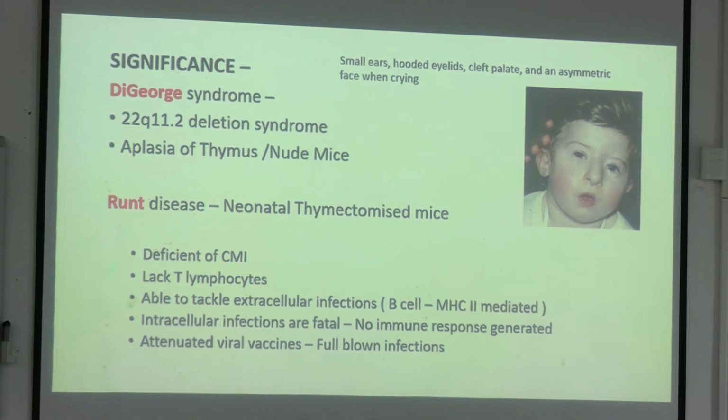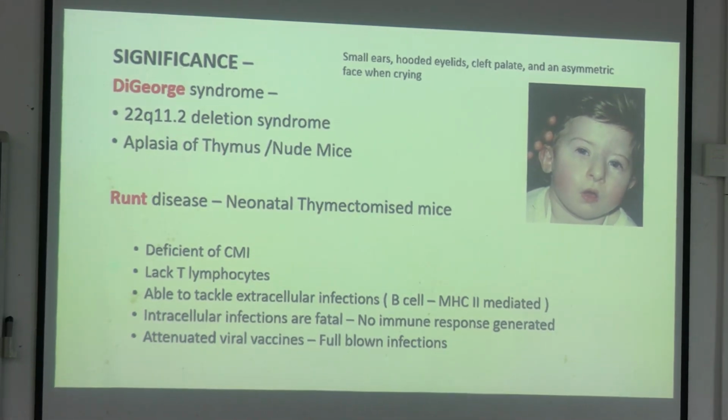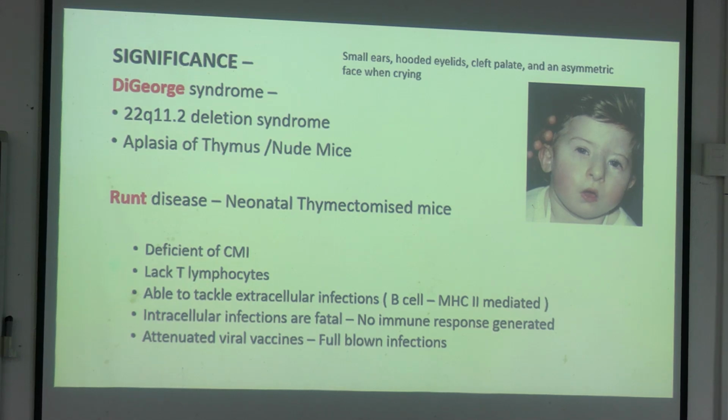In this case, because these patients are immunocompromised, you cannot give any live attenuated vaccine. In any kind of immunocompromised individual, live attenuated vaccine cannot be given. Why? Because if the vaccine is not killed, if it is live, then a full blown infection can occur, because they have no immunity. Okay. So that's the point.